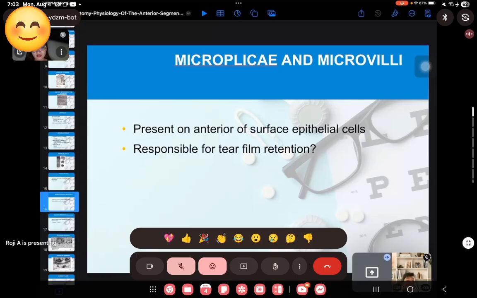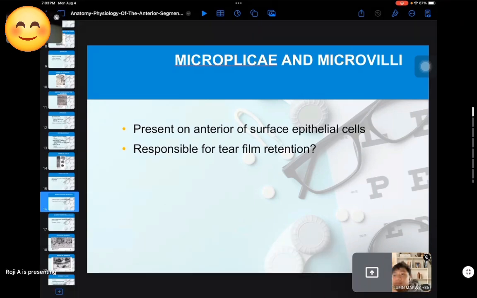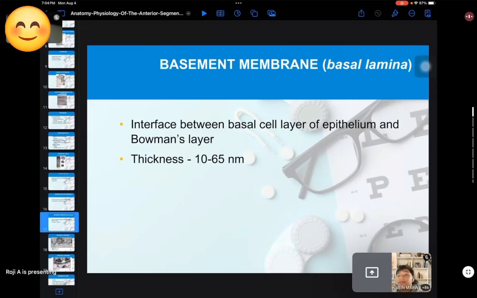Very good. The towel is like your microplicae and microvilli. It gets wet, right? Once it's wet, it's wet, correct? So there's like water retention. That's the look of your microvilli and microplicae.